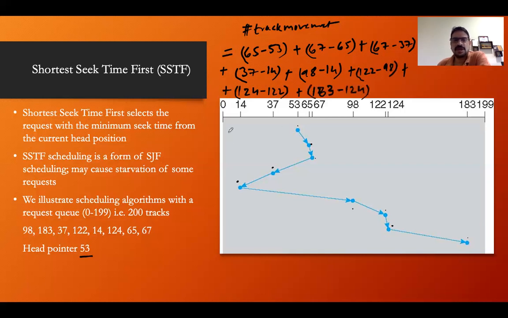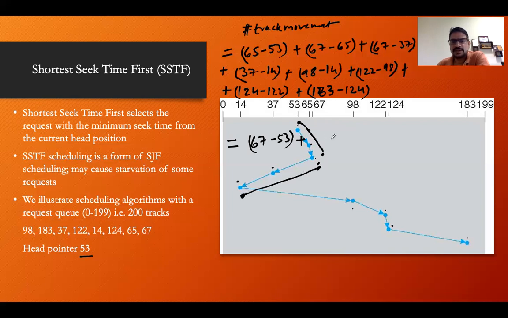The same thing we can write with how many movements we have done in one direction. So this is the one direction movement. What is the last point? It is 67, and the initial point is 53. So we can also calculate the same thing with 67 minus 53, right? Plus from here I have moved in that particular direction, so this minus this we can do.